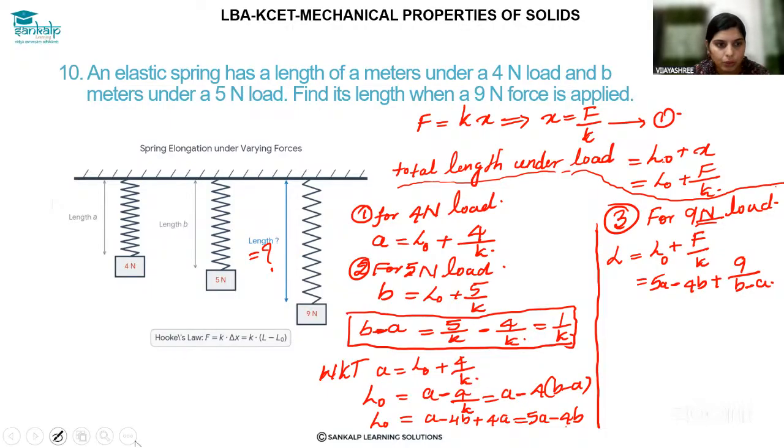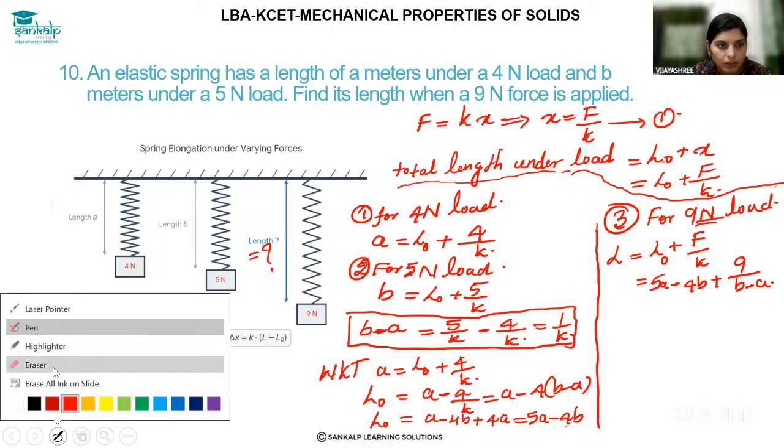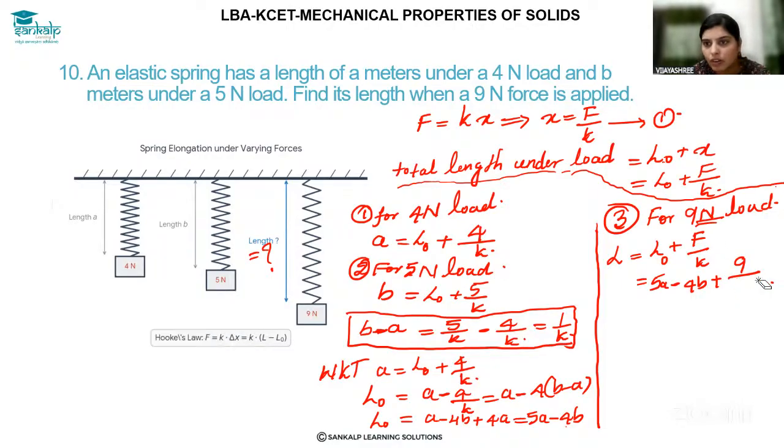Sorry, it should be into. Nine into 1 by K, which means B minus A. So which is equal to, simplifying this, 5A minus 4B plus 9B minus 9A.